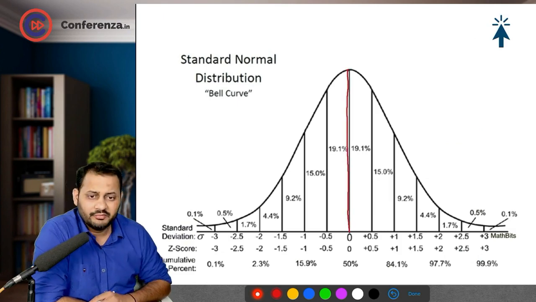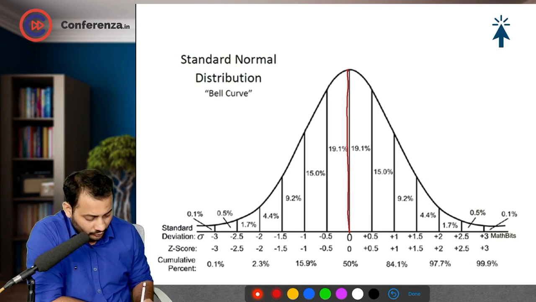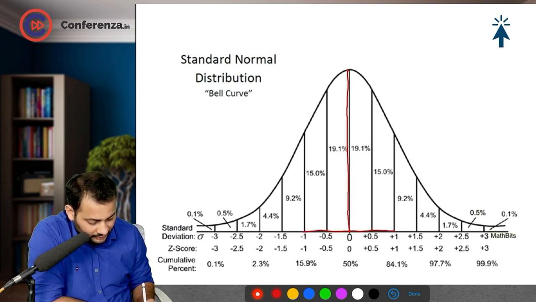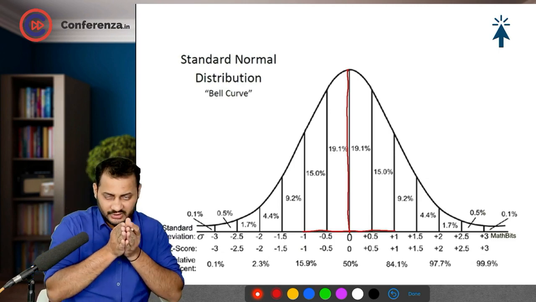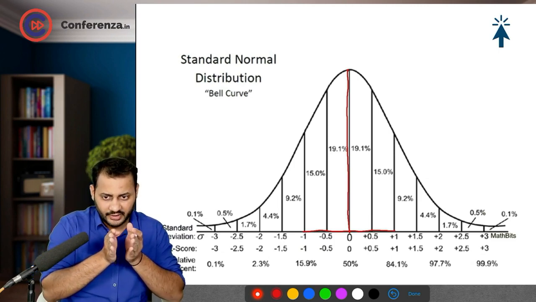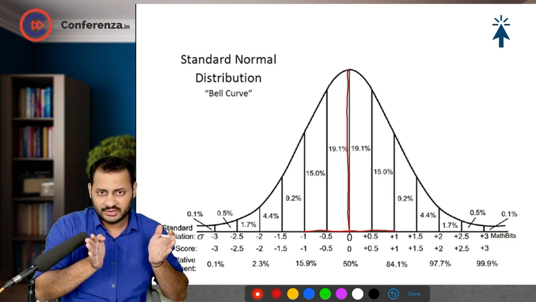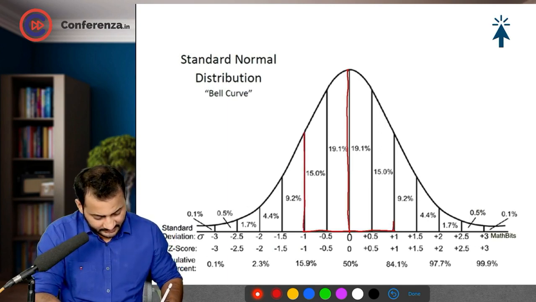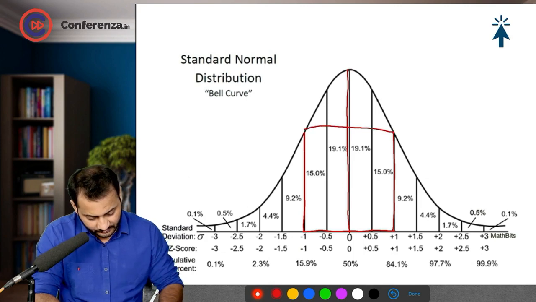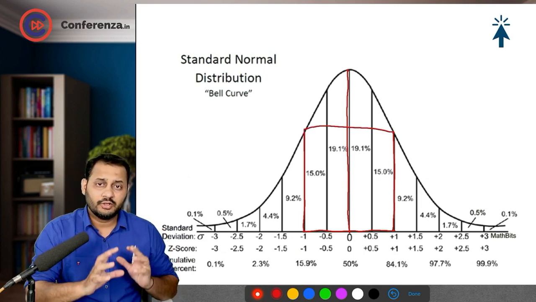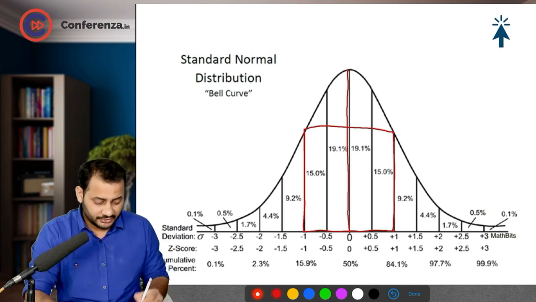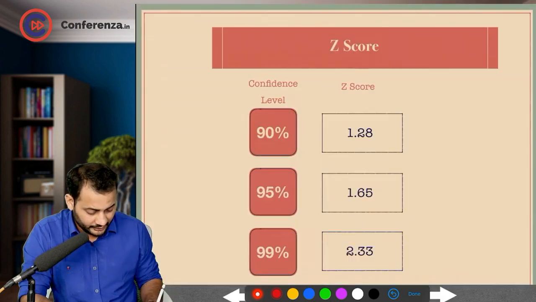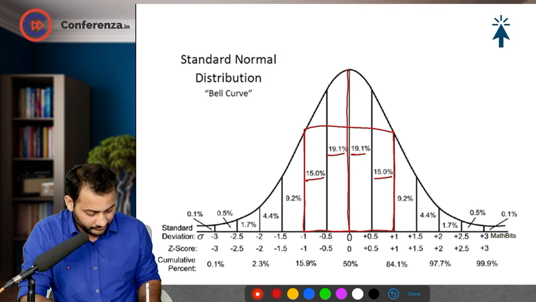Now one more thing which has been observed: if you deviate from the mean, from the center, by one step, you will find, and it has been observed in many cases, let's say we take the example of garbage, this much percentage: 1, 2, 3, and 4.